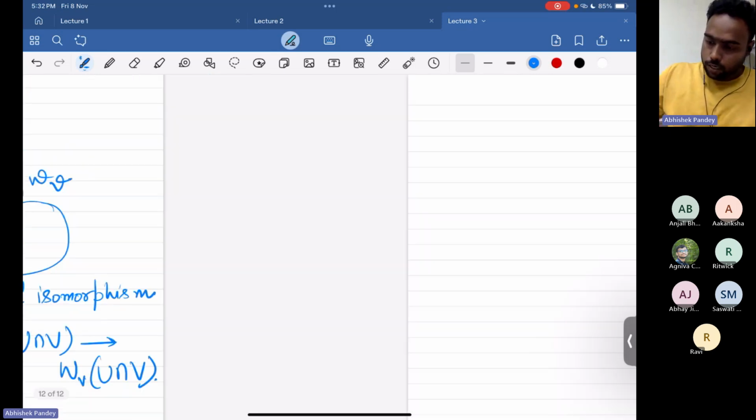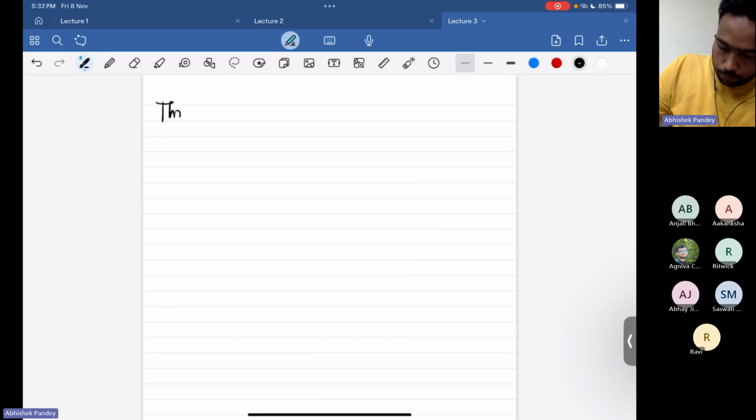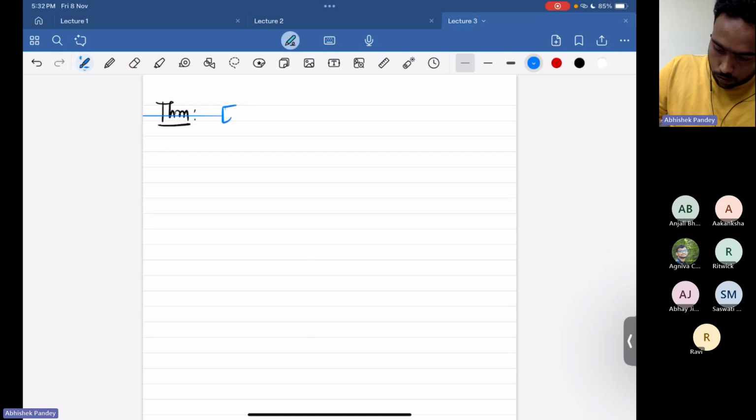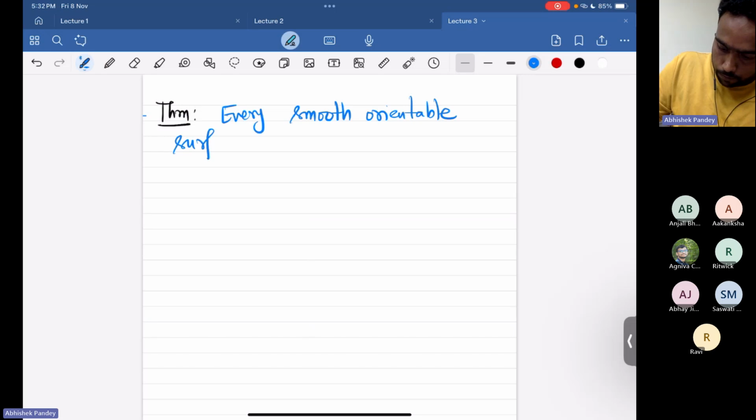Okay. So ultimately, what we have proved is that every smooth orientable surface in R3 can be made into a Riemann surface.